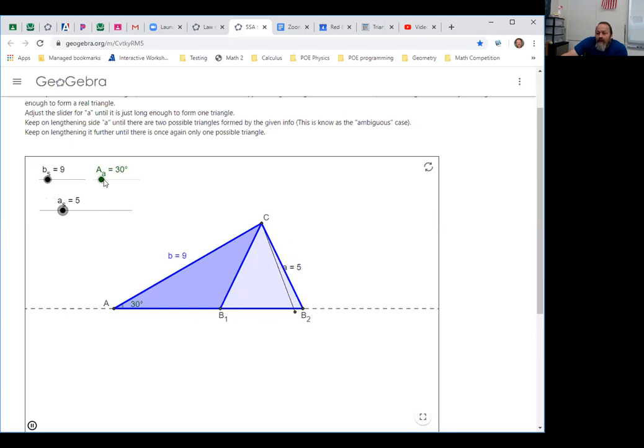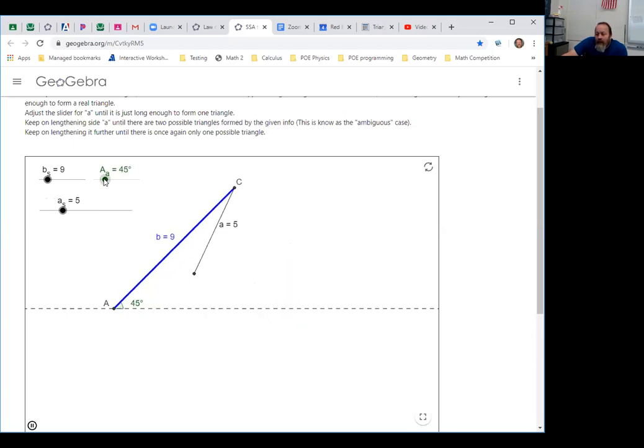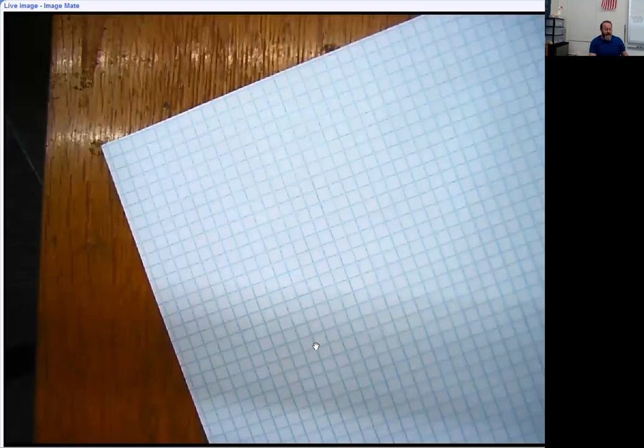And if you do it exactly right, very, very difficult to make it exactly right, but you could imagine where you make that swing just the exact perfect length to where it just touched right there at the base and made precisely one triangle. So what we're going to do is we're going to take a look at a couple of examples on how to handle that particular story.